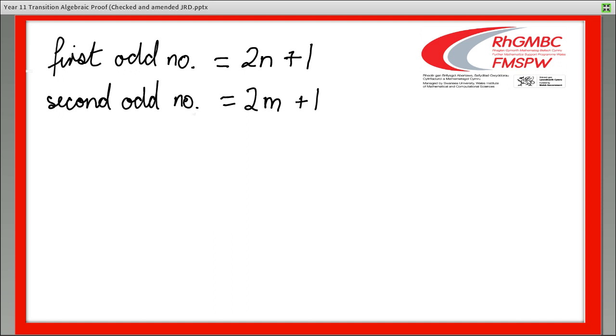Again, if I put them in brackets, the sum is equal to 2n plus 1 in the first bracket plus in the second bracket 2m plus 1.